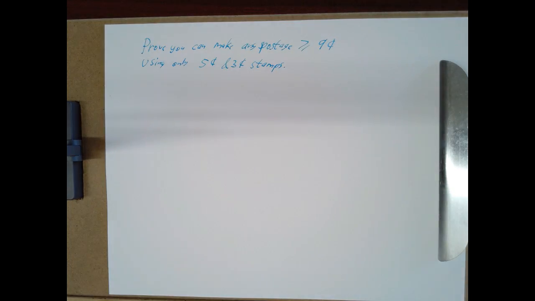All right, so you've got an unlimited supply of 3-cent stamps and 5-cent stamps, and you want to show that for any number bigger than or equal to 9, you can find a combination of 3s and 5s that gets you to that number, basically.